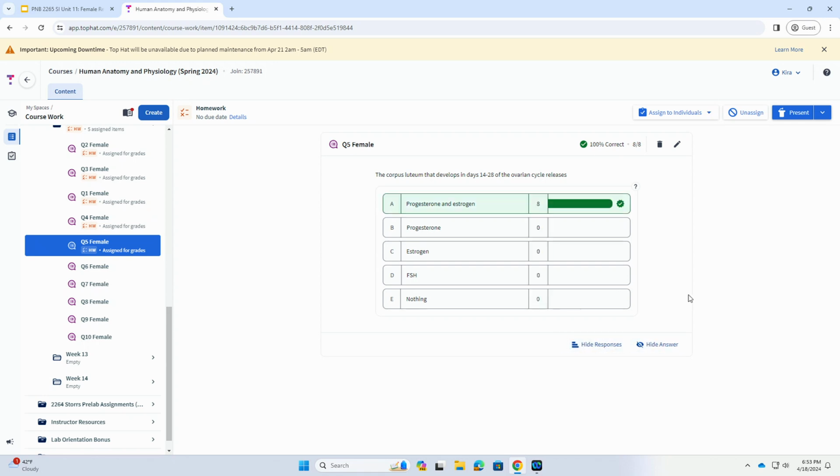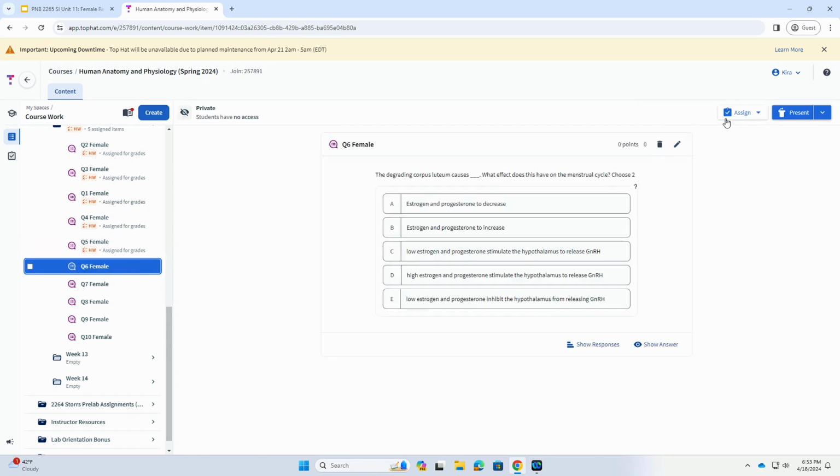Perfect. I believe it also releases inhibin, but I didn't talk about that, so those aren't the only two hormones that it releases, but those are the main ones.